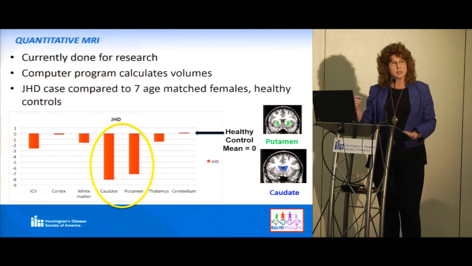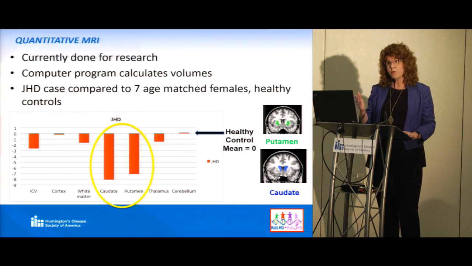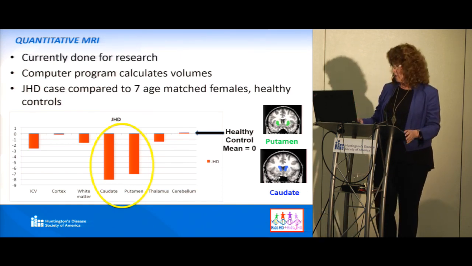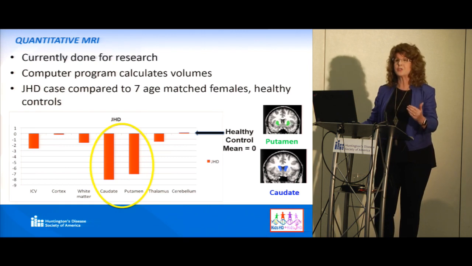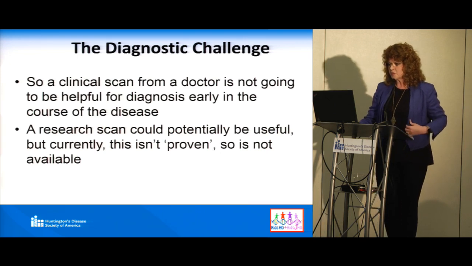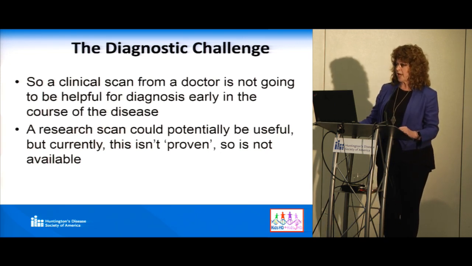So potentially, quantitative MRI could be a tool by which we might be able to assist the neurologist in determining when to diagnose. These are things that we're working on. It's still not necessarily coming soon. So a clinical scan is not going to be helpful, but a research scan might. It isn't proven, so it's not available yet.